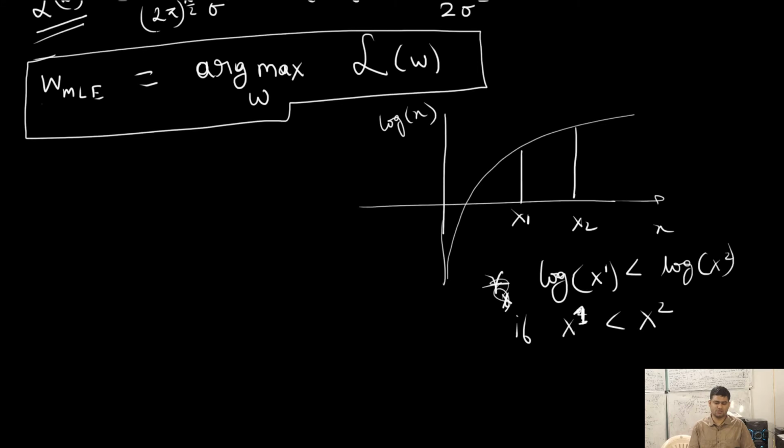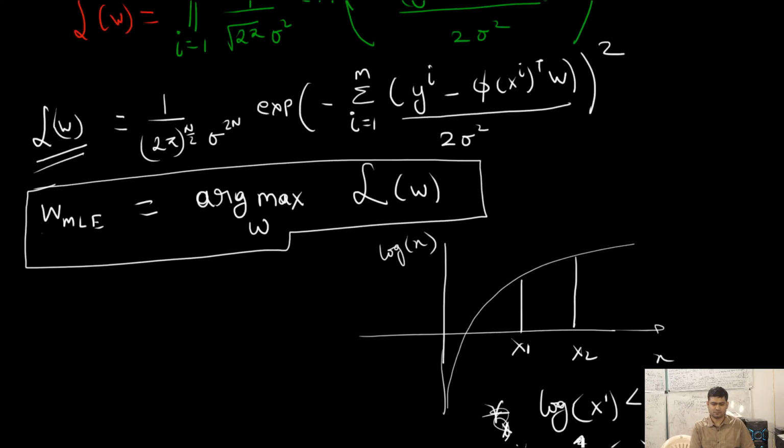So we can take log on both sides. Since it's a monotonically increasing function, we can take a log.